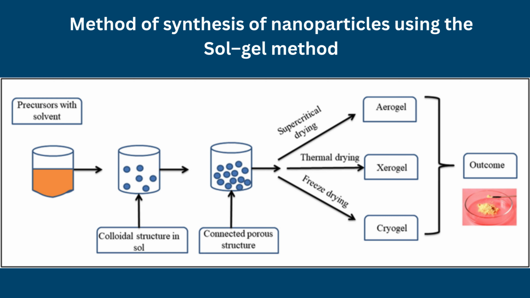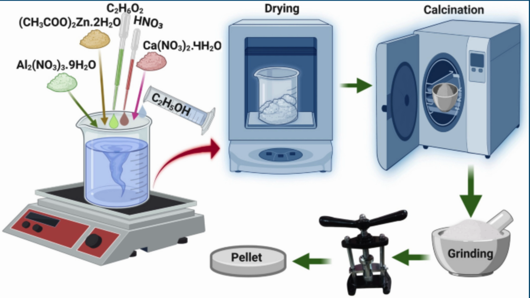The method involves the transformation of molecular precursors into a three-dimensional inorganic network through hydrolysis and condensation reactions. Compared to conventional solid-state synthesis, Sol-gel processing offers superior compositional control, reduced diffusion limitations, and the ability to tailor nanoscale features.